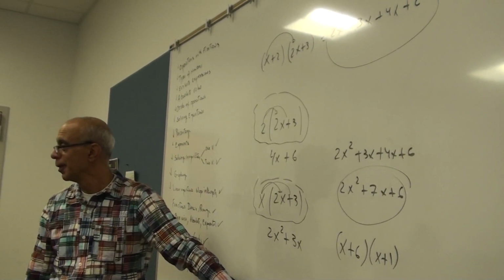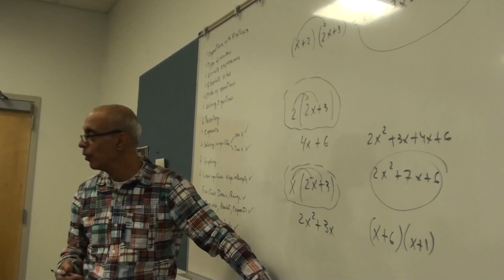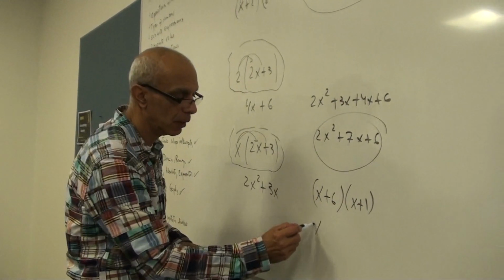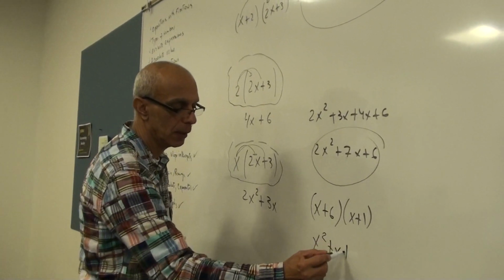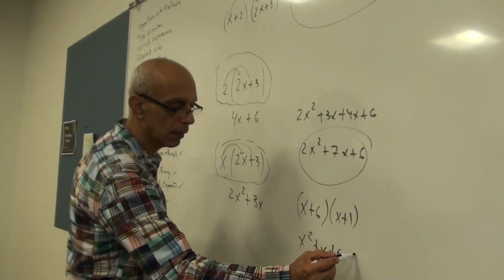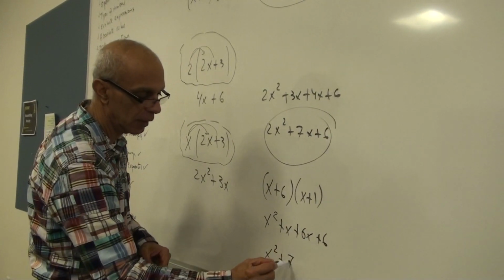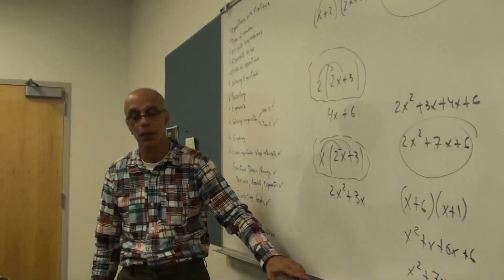It's okay to guess things, but then you need to test, right? Well, if I multiply x times x, I'm going to have x squared. x times 1 is going to be x, 6x, and then 6. So this is going to be x squared plus 7x plus 6. This is not the same as that, so it doesn't work.